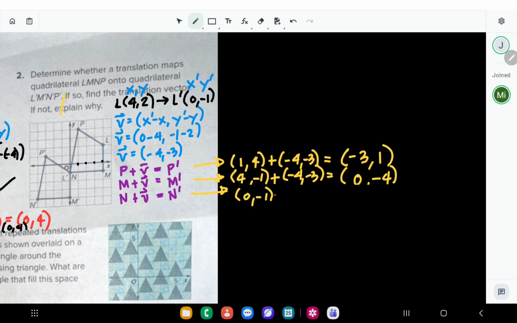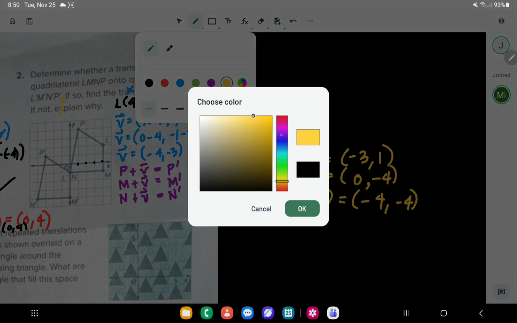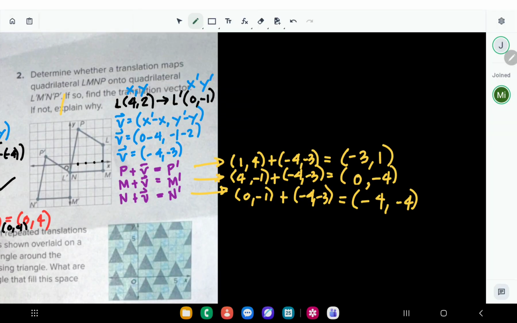Zero, negative 1 plus negative 4, negative 3 equals, what is N prime? 1, 2, 3, negative 4. Yeah, you have to make sure that you get the coordinates right. If it's not correct, then you won't get the correct answer either.